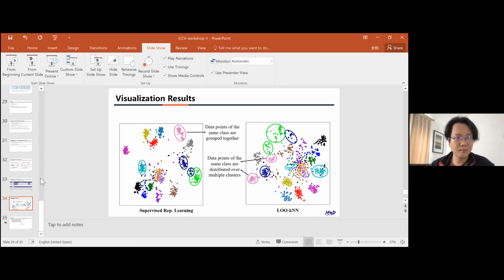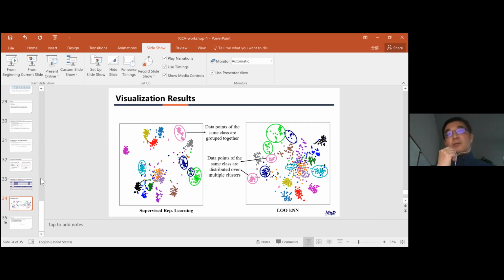Okay, so first of all, for the standard linear classifier, the supervised learning tends to push all the data points from the same class to form one tight cluster. That should be reasonable to understand for most people.